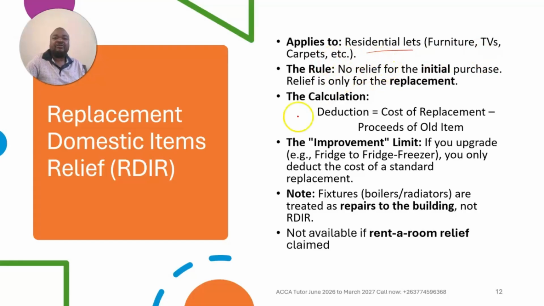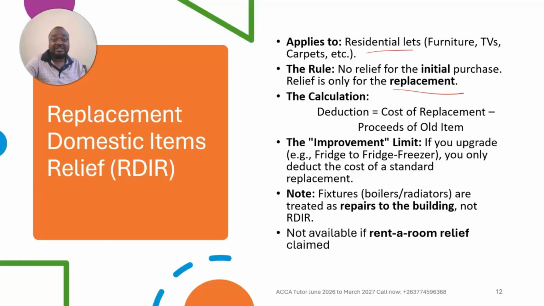You are going to enjoy what is called replacement domestic items relief. The rule here is that there is no relief for initial purchase, relief is only for the replacement. Remember, we say that these items are not deductible in our initial session. So, what is going to be deductible is their replacement.